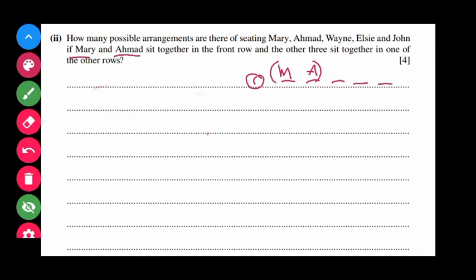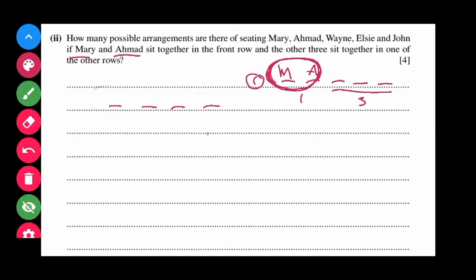Okay, if you think of them as one group, this is one group, so remaining we have 3 others, so totally we have 4 lines.